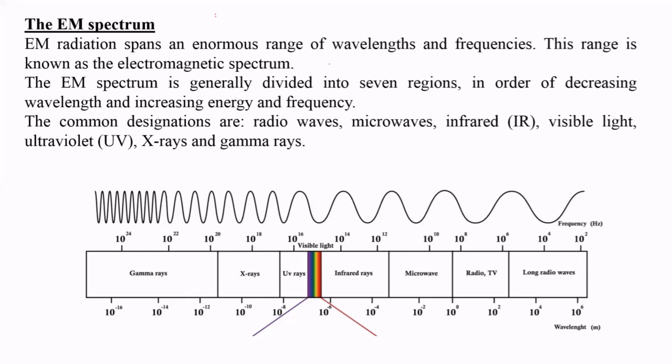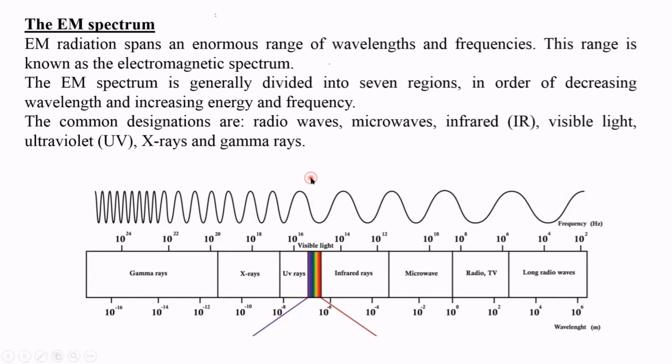This is about the spectrum of electromagnetic radiation. X-rays and gamma rays have more energy because of high frequency and low wavelength. These two rays exhibit different properties, and those properties help in non-destructive testing techniques.